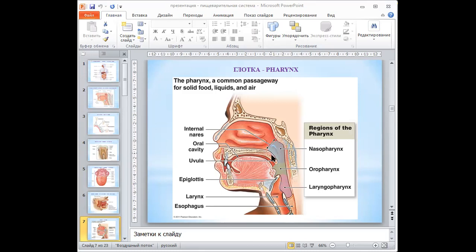The pharynx is separated from the spine by a layer of connective tissue. Therefore, the pharynx is mobile. The nasopharynx is connected with the middle ear by means of the eustachian tubes. The stomatopharynx is separated from the oral cavity by the soft palate, the back of the tongue, and the palatal arches.